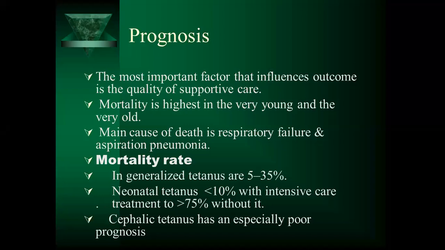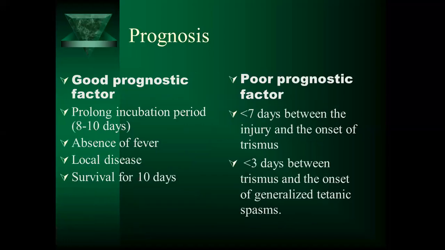So out of 10, 7 to 8 patients can die without intensive supportive care. Cephalic tetanus also involves the head and eating, and it can spread to become generalized. So the outcome of cephalic tetanus also is not good, with a poor prognosis.